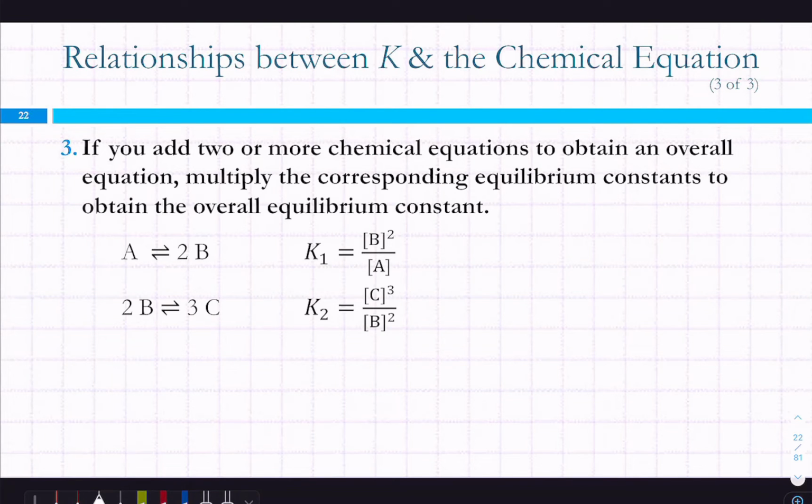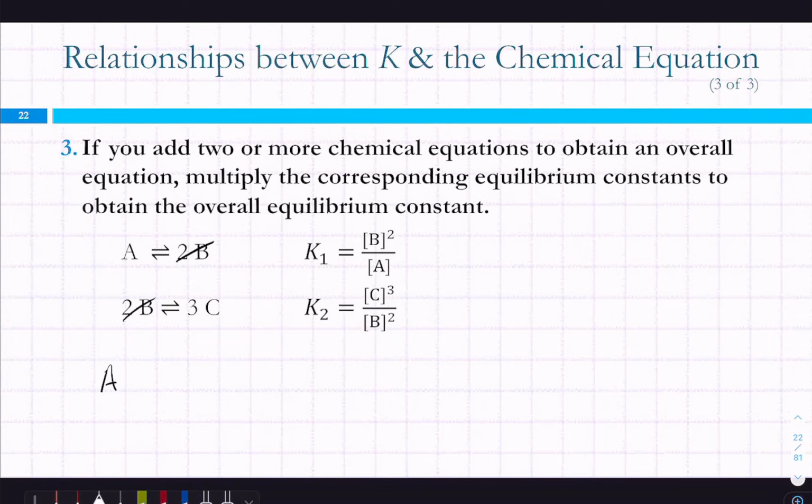So this third one is what happens if we add these two reactions together. When we did the reaction mechanisms, you have to add those reactions together. And if we knew what the Ks are for those, we could also add those together, although it happens multiplicatively. So to add these two reactions together, since 2B is on both the reactant and the product side, it's going to cancel out.